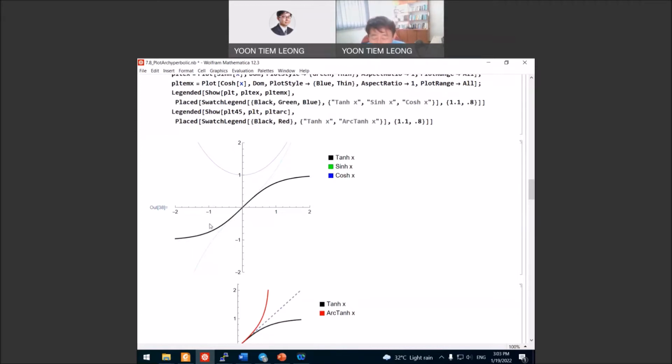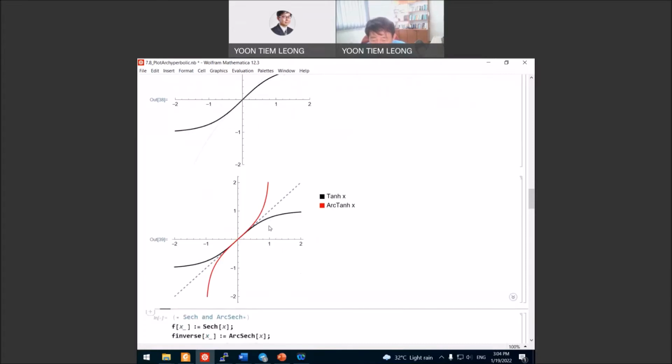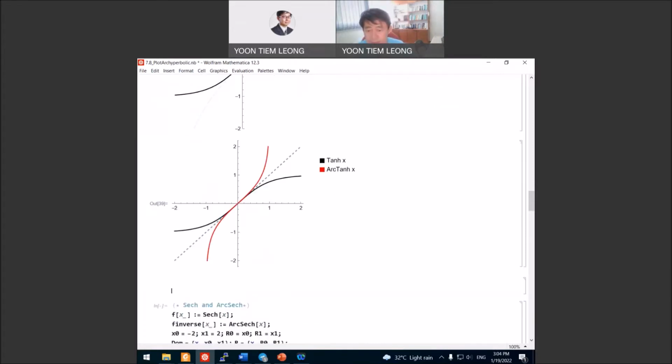So you don't need to restrict the domain of the hyperbolic tangent. The function is naturally 1-to-1. So you just need to plot the y equals x line, then reflect the hyperbolic tangent function about y equals x, and then you get this red color line. So the red color line is then the inverse of the hyperbolic tangent function.